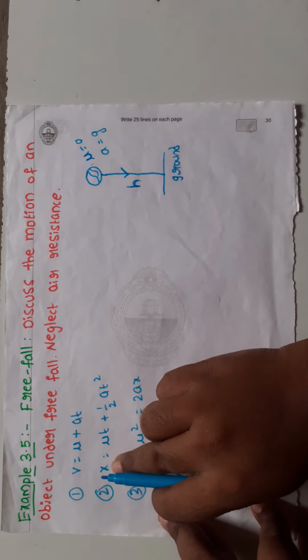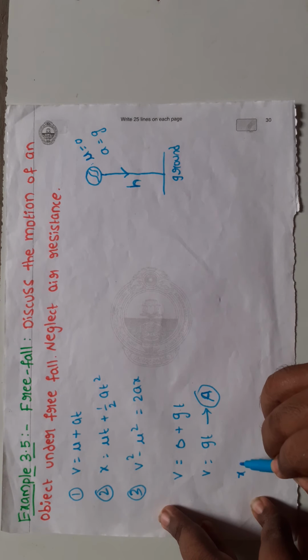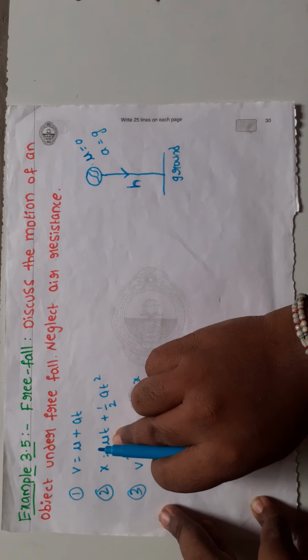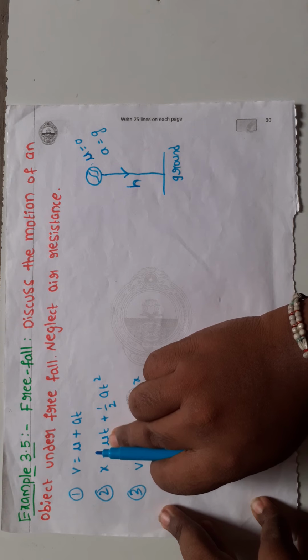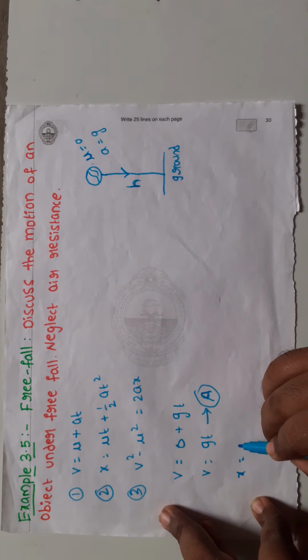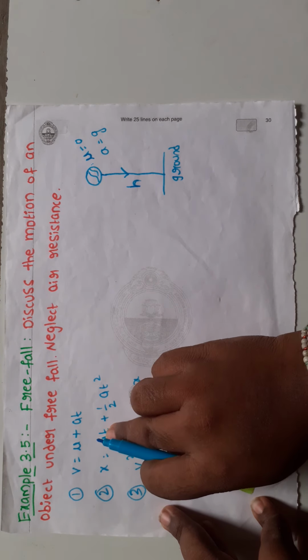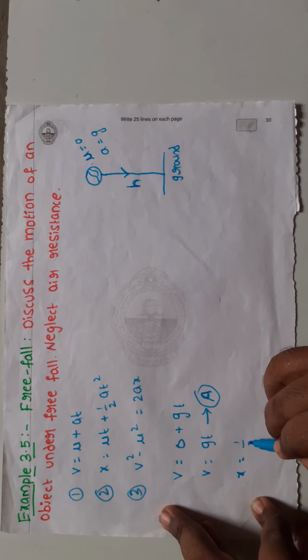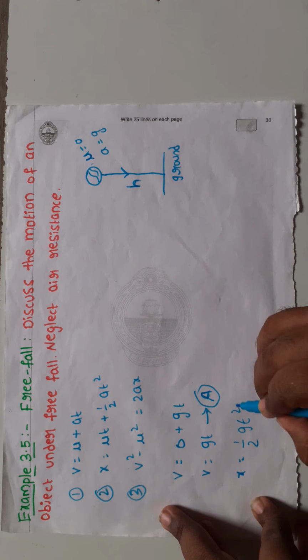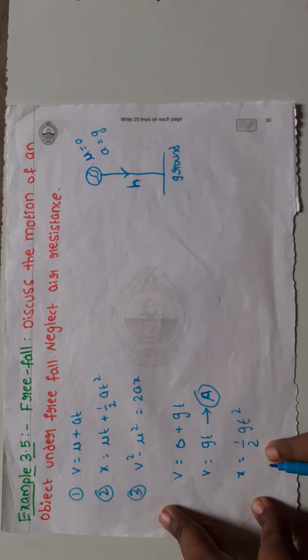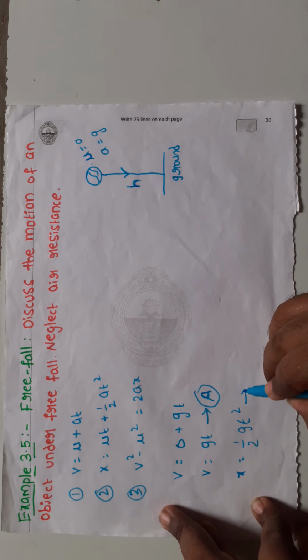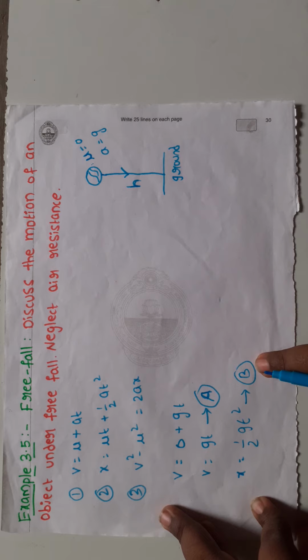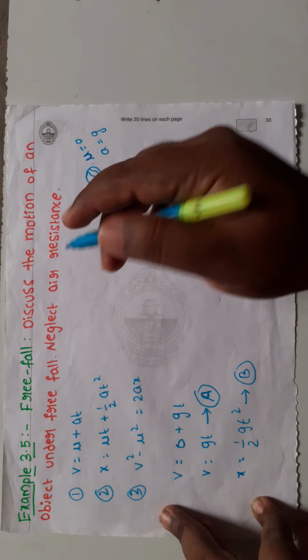Now the second equation, x equal to ut plus half at square: u is 0, so 0 into t is 0, so that term is 0, and then 1 by 2 times a, whose value is g, times t square. So x equal to 1 by 2 g t square. This is the second equation, equation b. These are the converted equations.